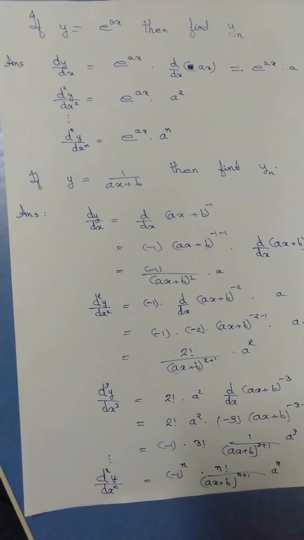Okay, that's what we have. Minus 1 to the power n, factorial n, ax plus b to the power n plus 1 on the denominator, and a to the power n.